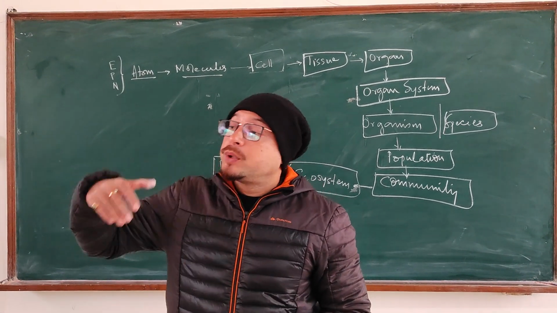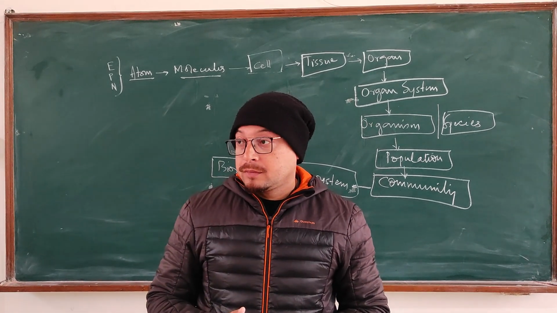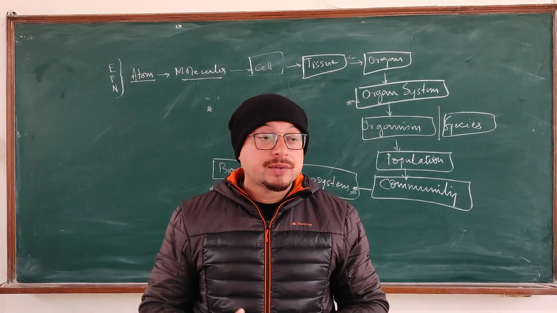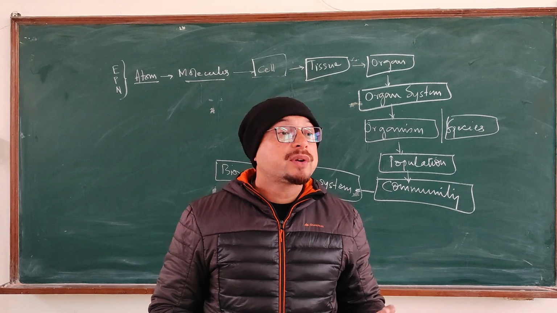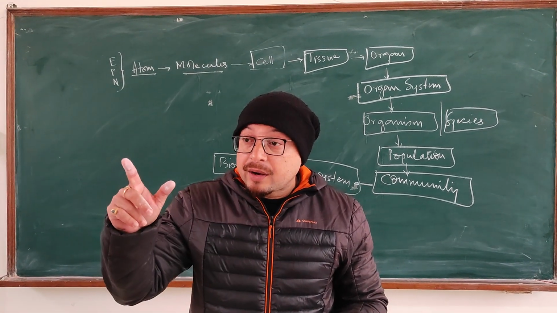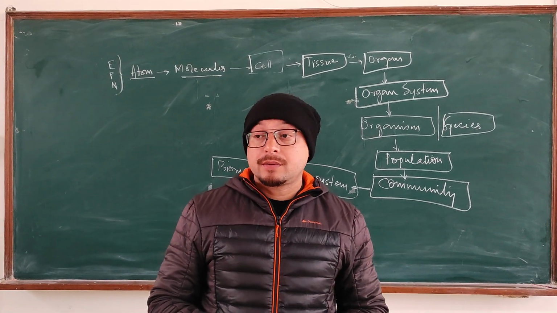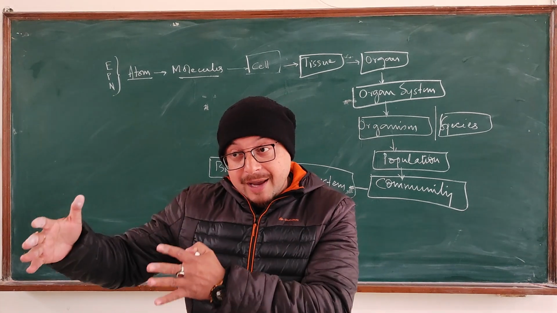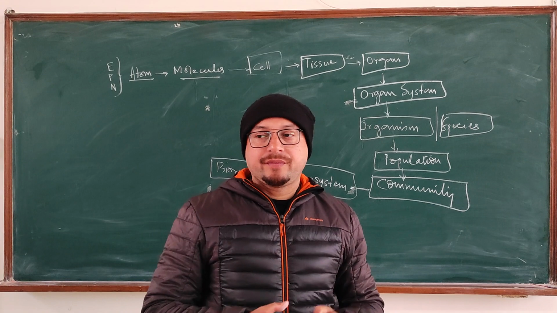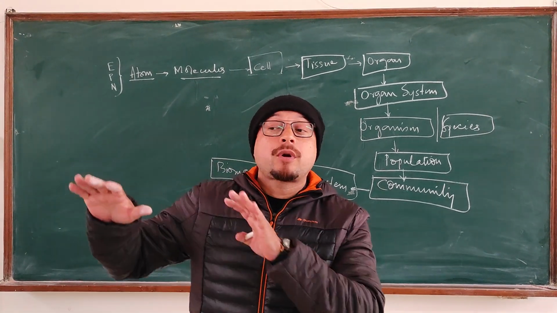The freshwater ecosystem is further of two types: the stagnant water and the running water. Whereas the marine ecosystem consists of three types: the oceans, the estuaries, and the coral reefs. So basically there are broadly 5 different types of aquatic ecosystems. They are stagnant water, running water, oceans, estuary, and coral reefs. Though there are further bifurcations and trifurcations, broadly there are 5.